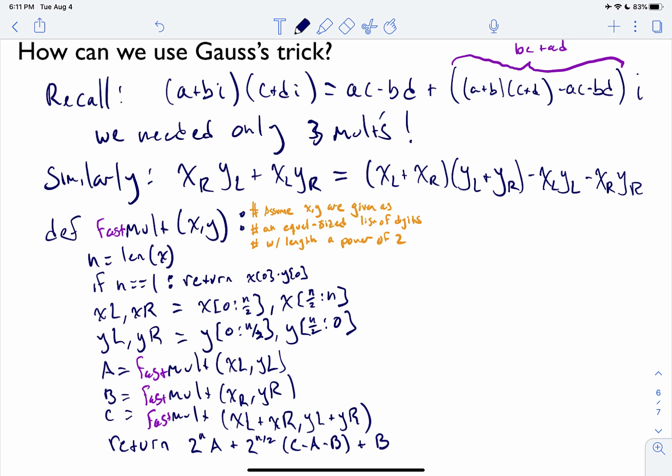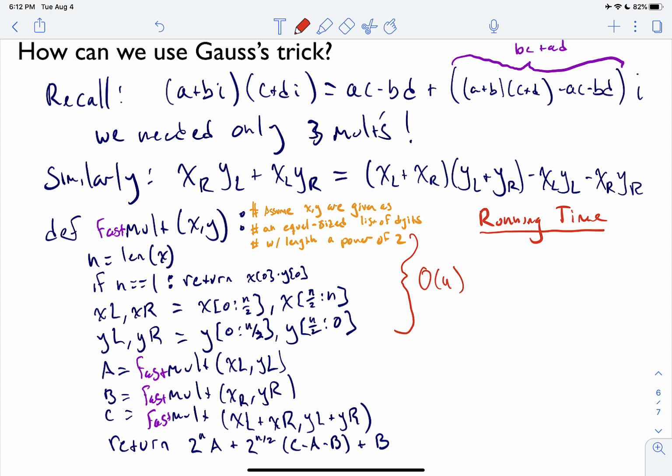Notice that fastmult only does 3 multiplications, and what it returns is an interesting combination of those 3 multiplications, which is precisely the same trick used for reducing the number of multiplications when you're multiplying 2 complex numbers. Reducing the number of multiplications is significant, and it's going to give us a faster running time.